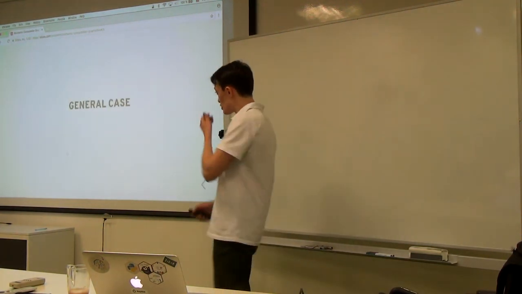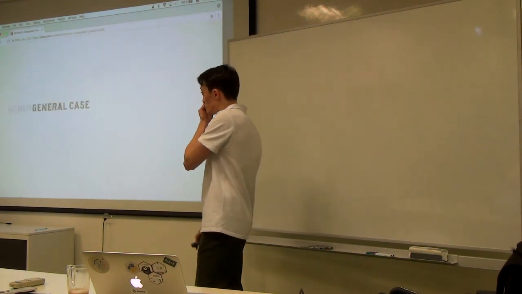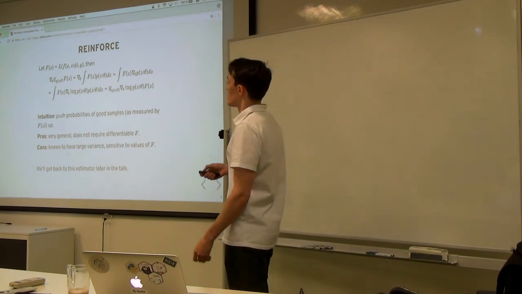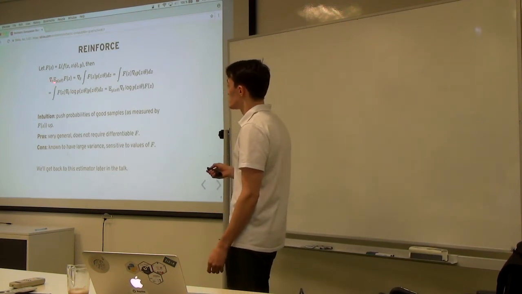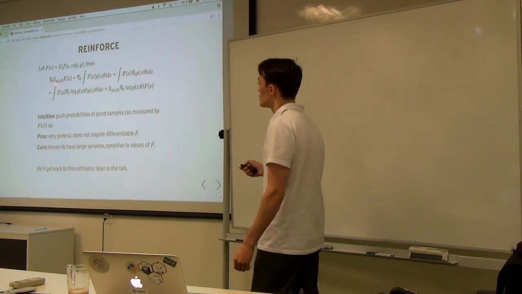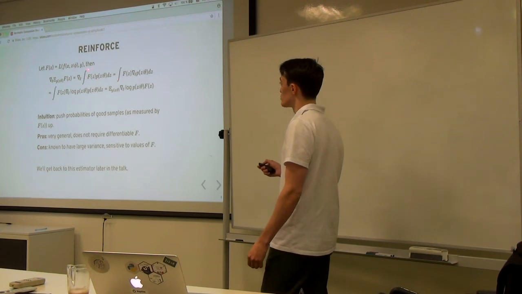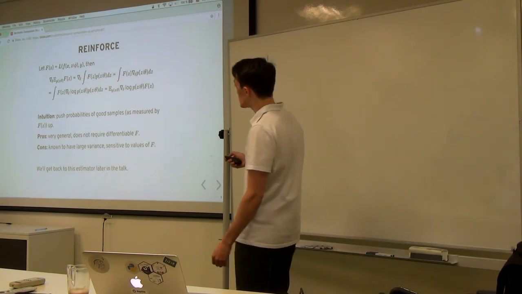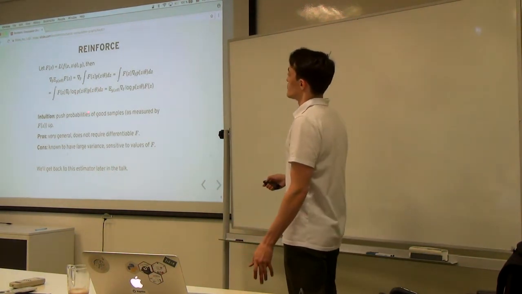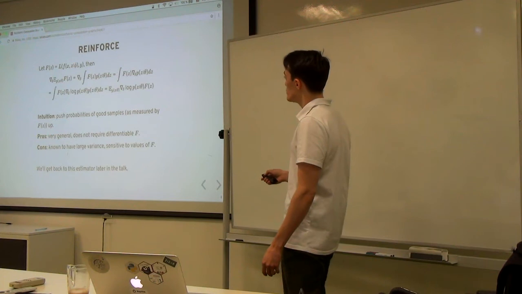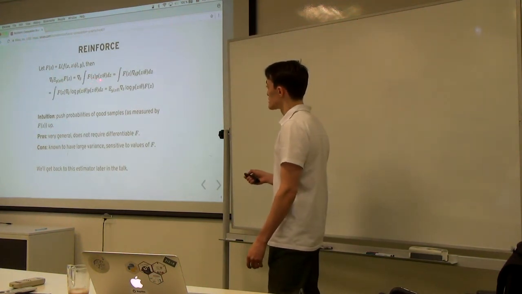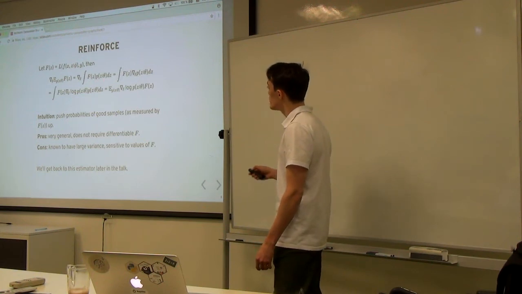Okay, so let's talk about math. The general case, REINFORCE, can be derived quite simply actually. I remind you that we are interested in gradient estimates of our expected loss. If we rewrite the expectation as an integral, that would be this quantity, then assuming some mild condition, we can exchange the integration and differentiation. Then the first term does not depend on theta itself. All the dependence is here in the density function.